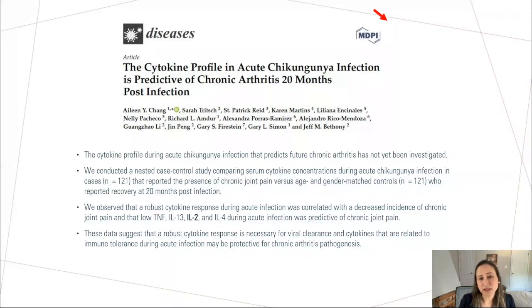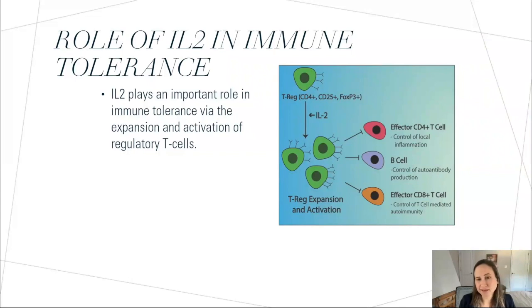And we observed that low TNF alpha, IL-13, IL-2, and IL-4 during the initial infection were predictive of having chronic pain later. So that got us looking at interleukin-2 as an important cytokine in the development of Tregs and perhaps in the pathogenesis of chikungunya arthritis.